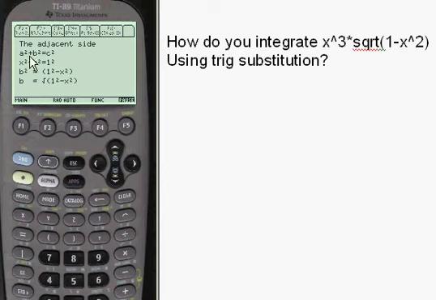a squared plus b squared equals c squared, right? x squared plus b squared equals 1 squared, right? c was the hypotenuse, and that was 1, so that's 1 squared. b squared equals 1 squared minus x squared. b equals the square root of 1 minus x squared.